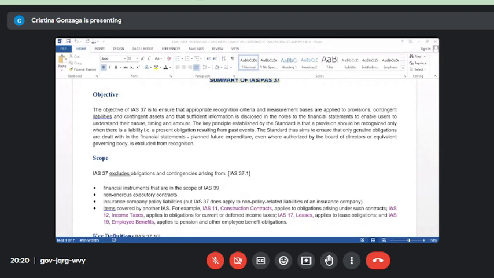Okay, so aside from the use of present value, pwede rin yung ginagawa natin pagka-calculate ng estimated premium payable, estimated warranty payable, estimated gift certificates payable, or whatever kind of estimated liability. Or let's say we can determine the amount that the entity would have to pay to transfer the obligation to a third party.